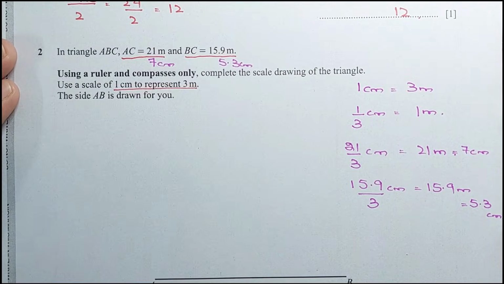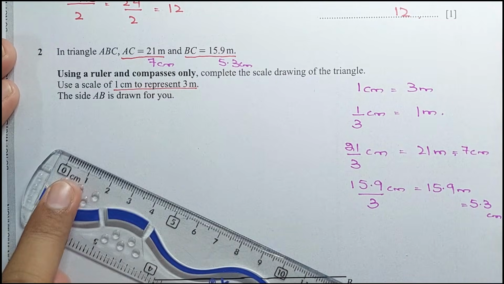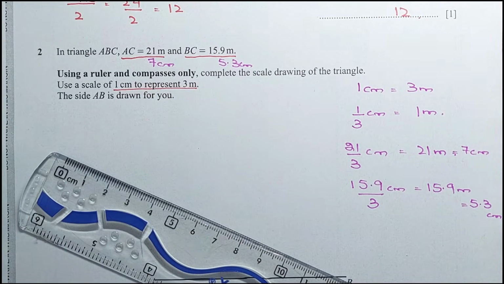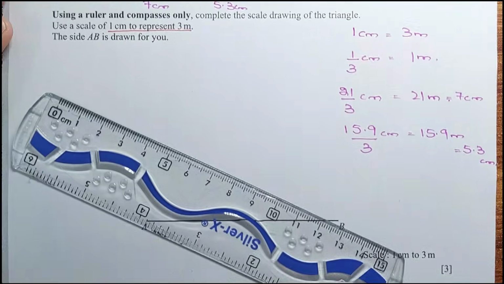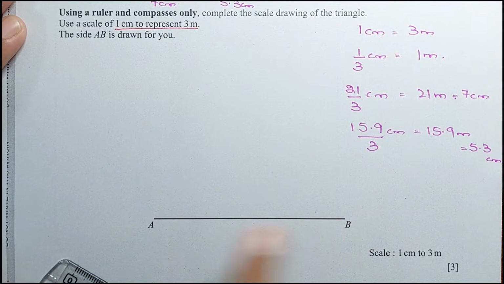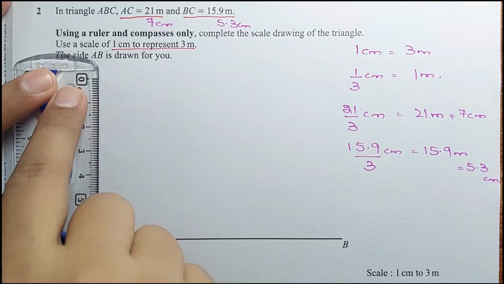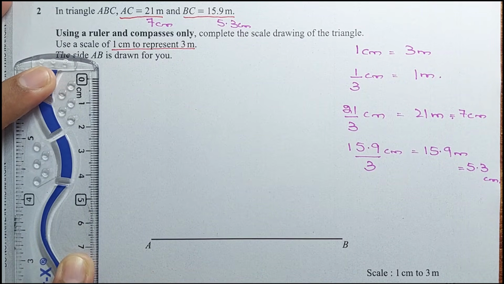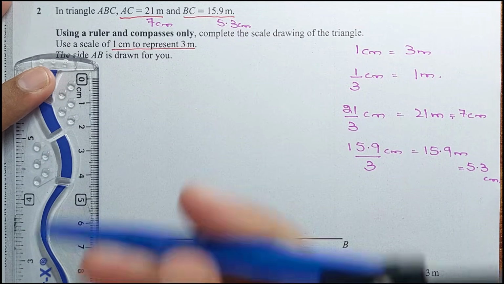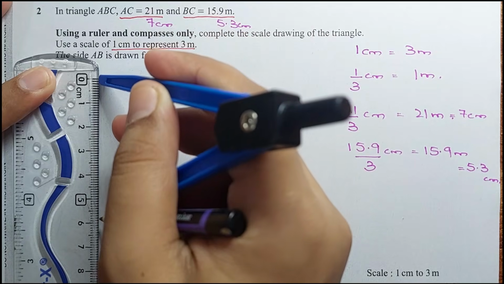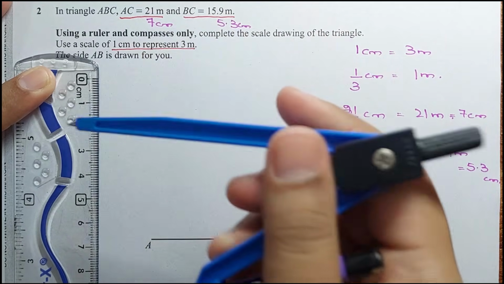Okay, let me use a ruler and compass. The length, this is in centimeters, right? The first, AB, is drawn for us, A to B. First AC, that length is 7 centimeters, so from 0 till 7. Let me open the compass to a length of 7 centimeters.